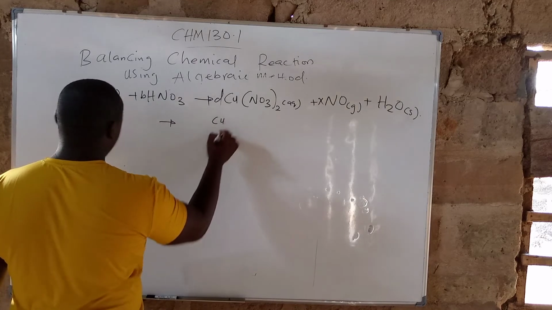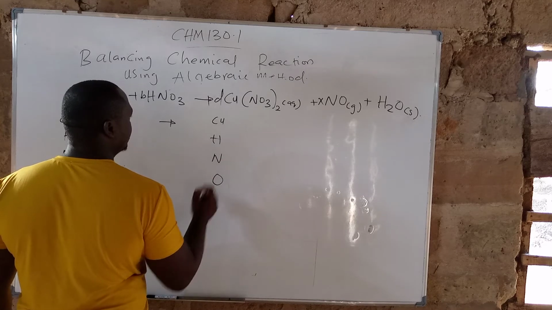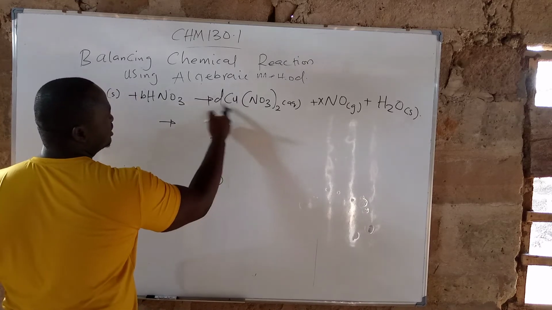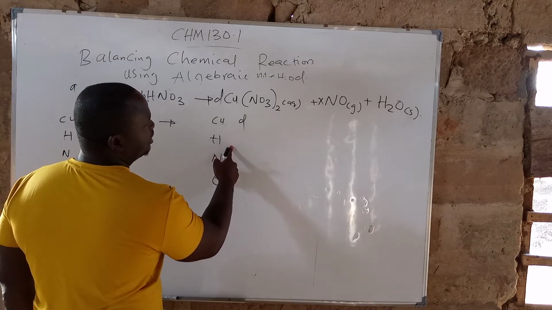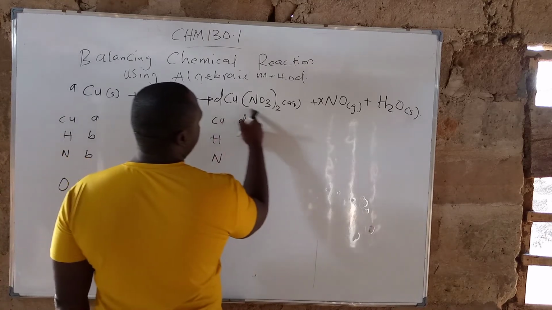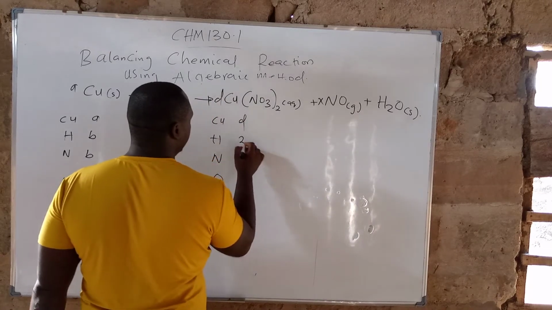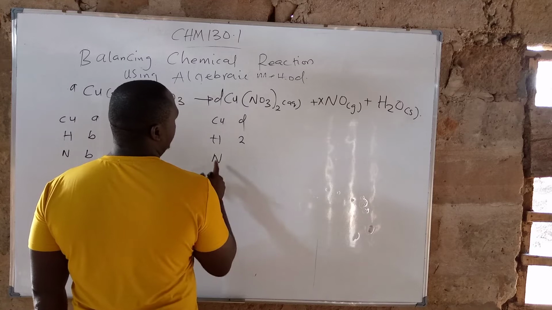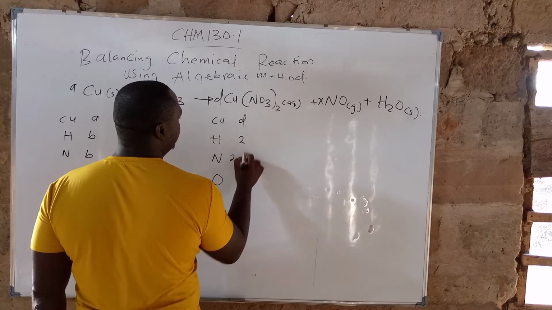We still have copper, hydrogen, nitrogen, oxygen. The copper here is still 1, so we have D. We don't have hydrogen here, so we only have 1 hydrogen here, to be 2. Nitrogen here is 2 times this, so we have 2D.